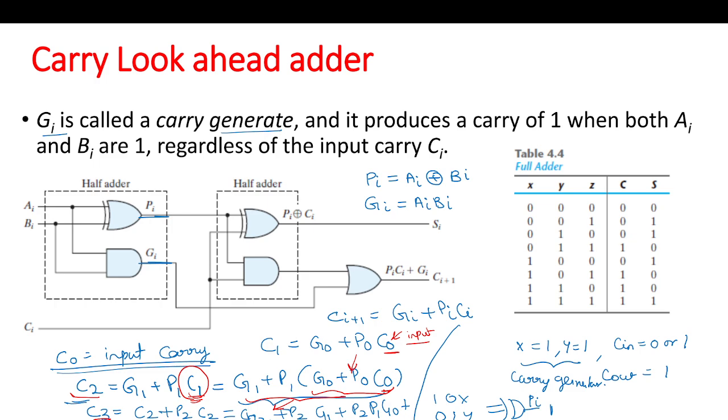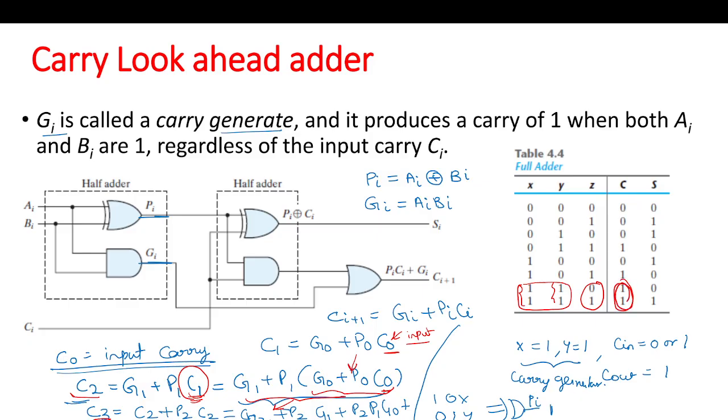And we have this expression because if we observe that when x is 1 and y is 1, both are 1 at this place, whatever is this carry in z, the carry is going to be 1.